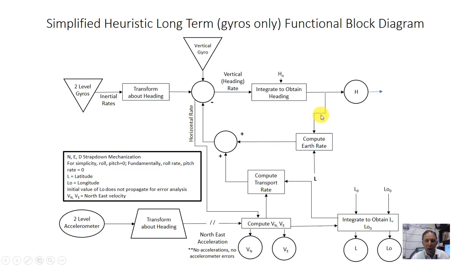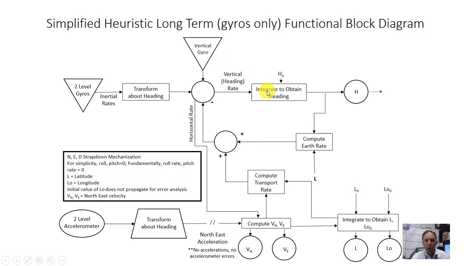Remember, our constraints are that we have no accelerations and that we're going to assume roll rates and pitch rates are 0. So we could determine the velocities from the horizontal gyro outputs as here, and then we could determine heading rate by subtracting the computed transport rate and earth rate from the vertical gyro output.